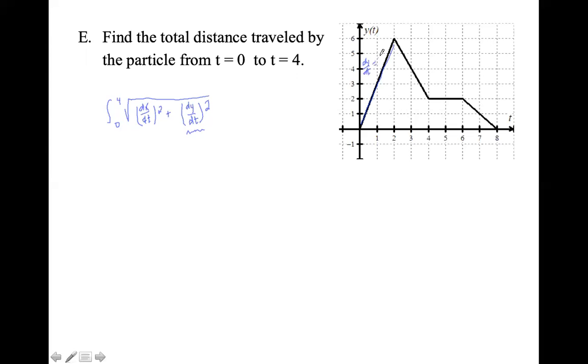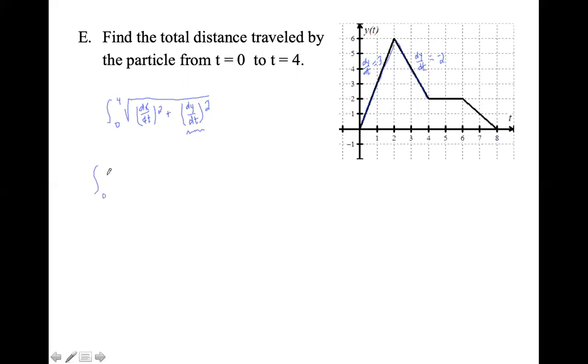For this part of the curve, dy/dt looks like a positive 3, right? I'm going up 3 over 1. For this part of the curve, from 2 to 4, my slope is a negative 2. And so I actually have to split this integral in two parts.